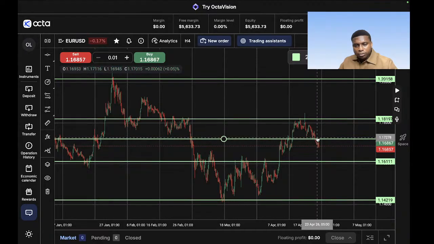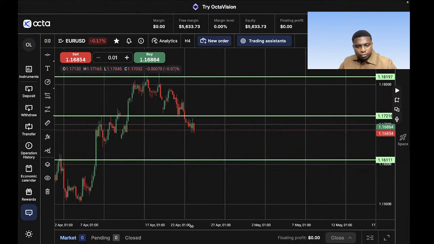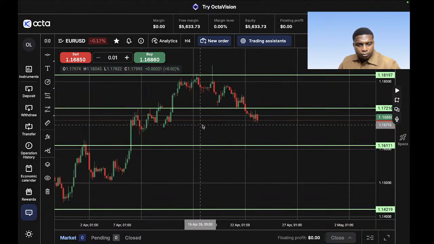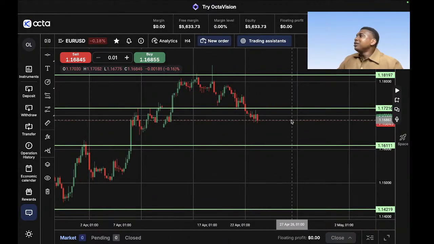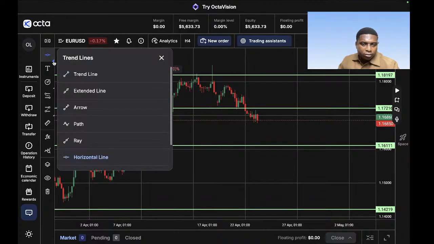These are some minor patterns that we're trying to track. So now the likelihood is very high that price would drop further.